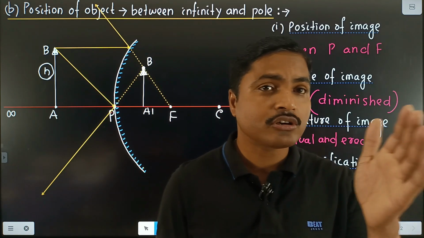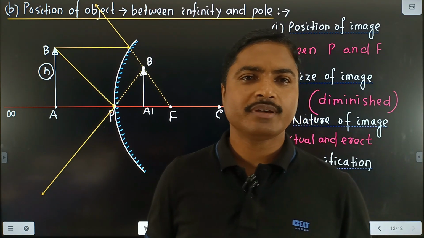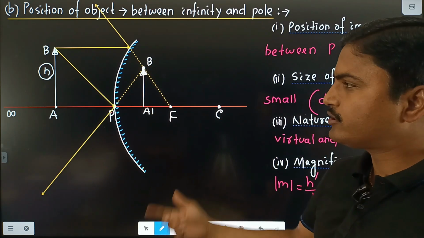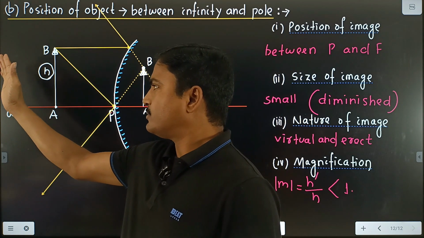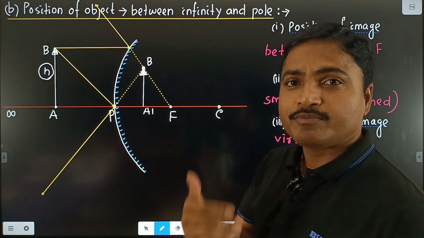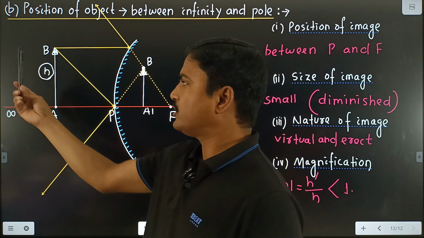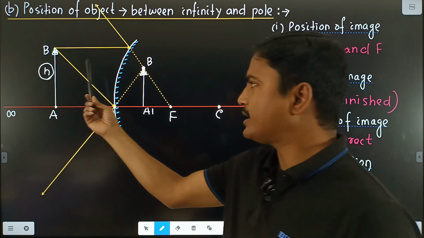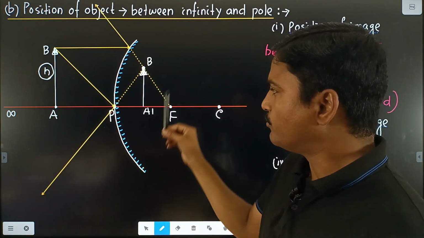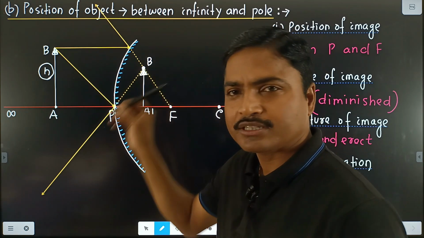That means in case of a convex mirror, always a small size image is formed. And here also the same thing: if the object is situated at infinity, the image is formed at the focus. And if we move the object from infinity towards the convex mirror, the image also moves towards the convex mirror.